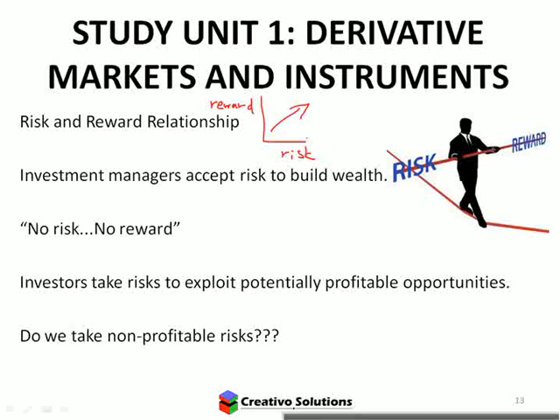Theory says if I take on more risk, I should get a bigger reward. But what's stopping you from taking a risk and maximizing the reward? Keeping risk at a specific level, but not allowing the reward to be limited in any way.